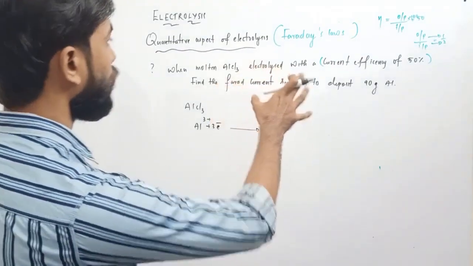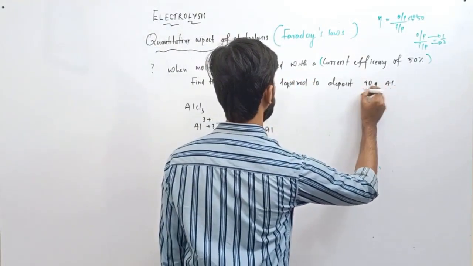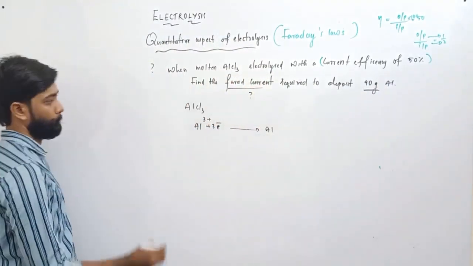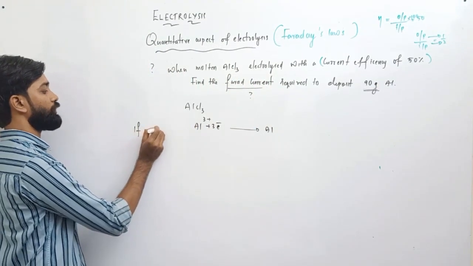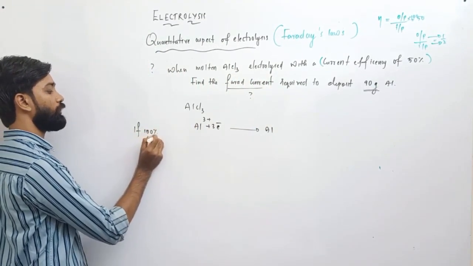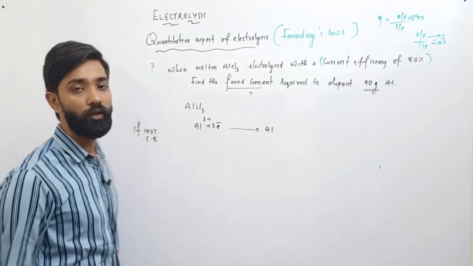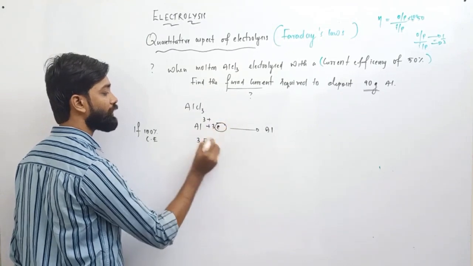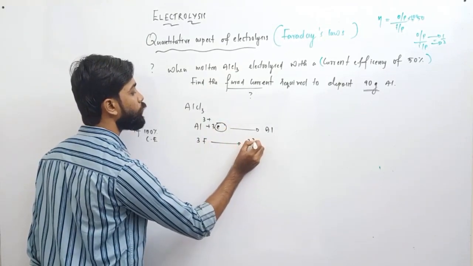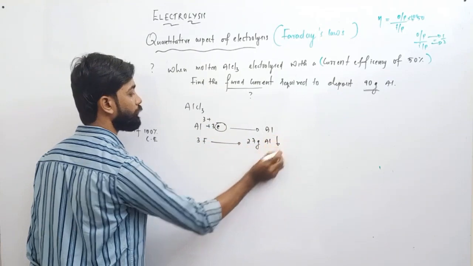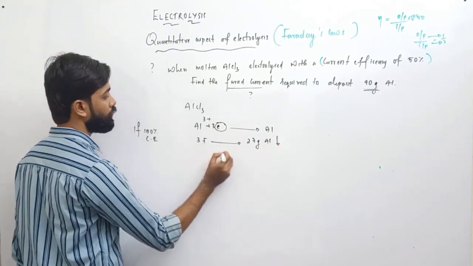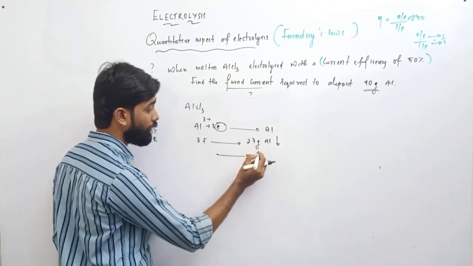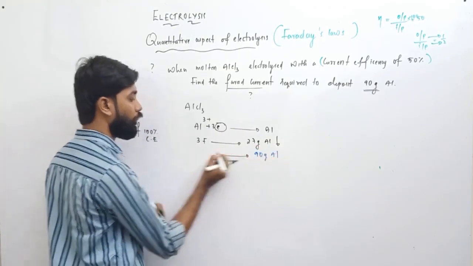So what are you asked to find? We want to deposit 90 gram. Then how much farad is required? If it is 100% current efficiency, what is the logic? We know that 3 farad of electric charge supplied deposits 27 gram aluminum. Then to get 90 gram aluminum, how much farad is supplied?